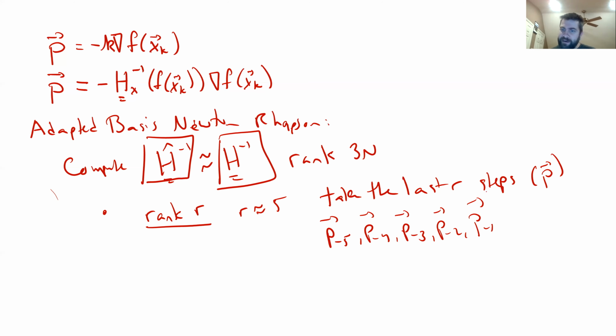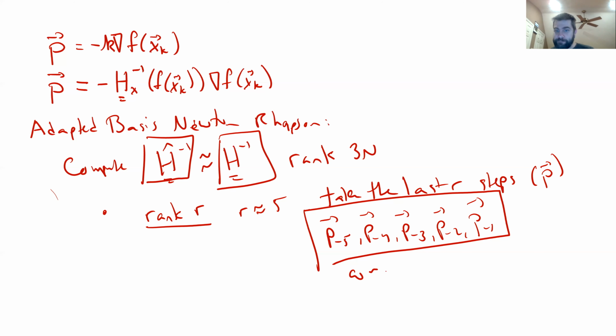This is a set of 5 vectors, and these 5 vectors span a 5-dimensional subspace of the full 3n space. And what we do is that we compute the Hessian in this subspace.